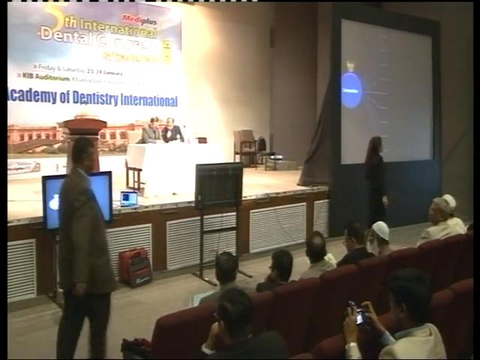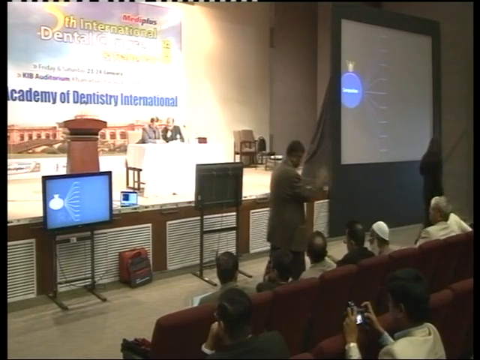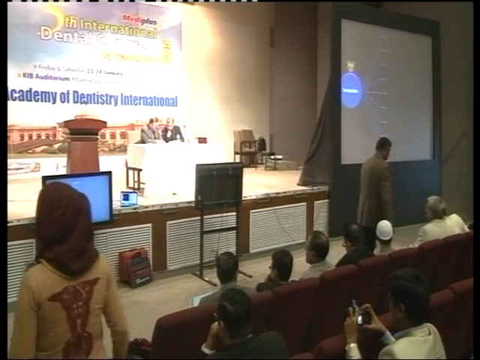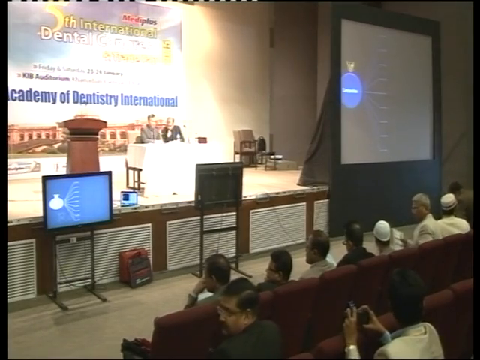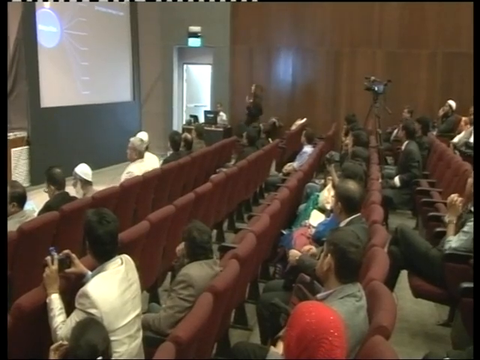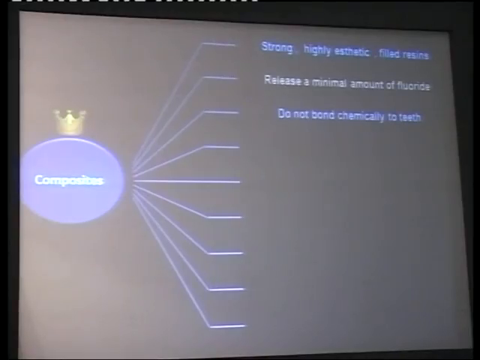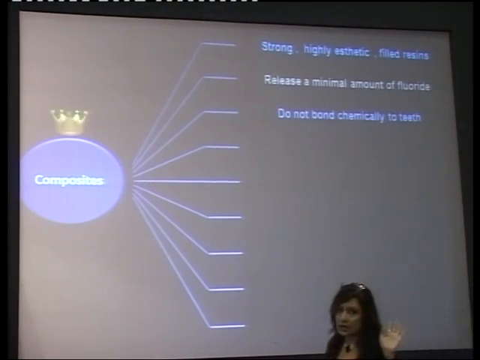Currently, the reigning king or queen of the restorative materials is composites. Let's do a quick check about what composites have to offer us. They are strong, highly acidic fill resins. Fluoride release is minimal. They do not bond chemically to the teeth; they have micromechanical bonding with the teeth.